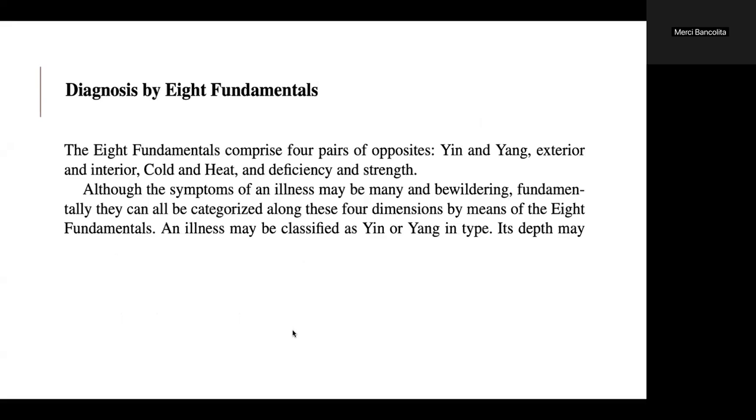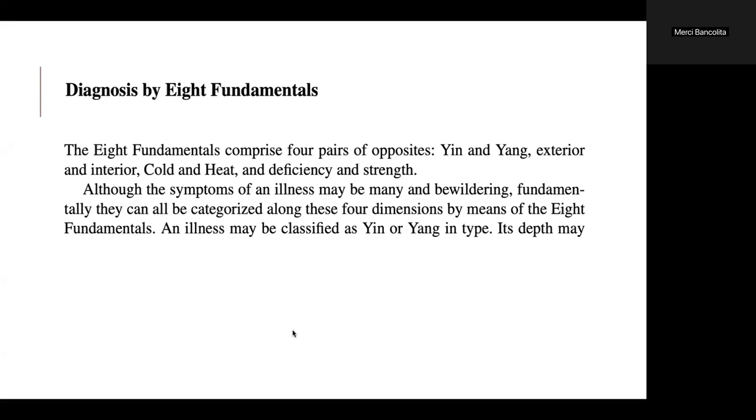Diagnosis by 8 fundamentals. The 8 fundamentals comprise 4 pairs of opposites: yin and yang, exterior and interior, cold and heat, and deficiency and strength. Although the symptoms of an illness may be many and bewildering, fundamentally they can all be characterized along these 4 dimensions by means of the 8 fundamentals.